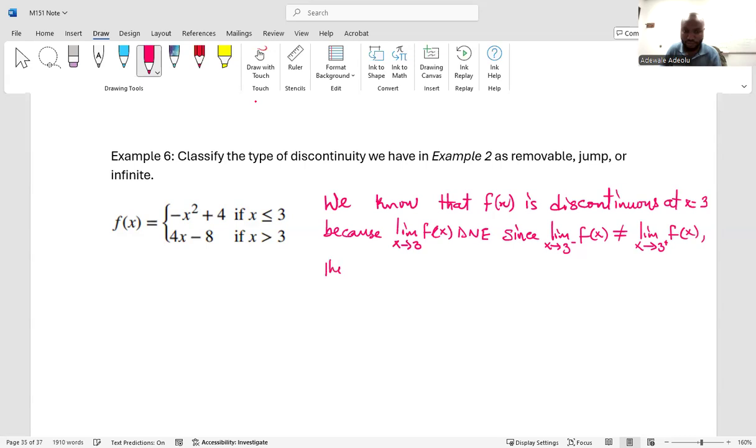Then we have a jump discontinuity at x equals 3.